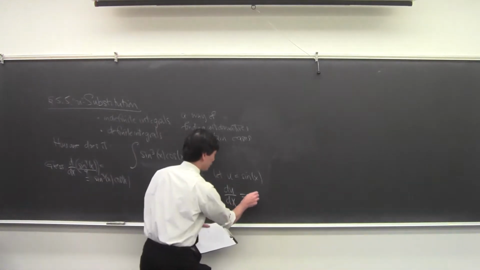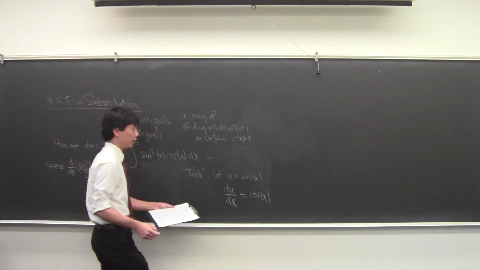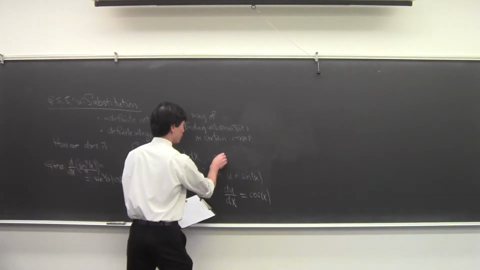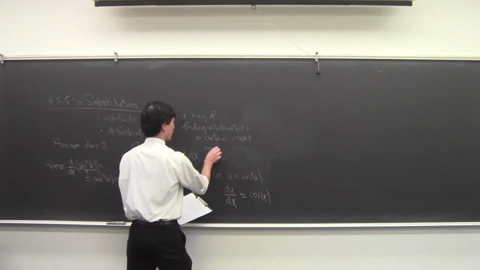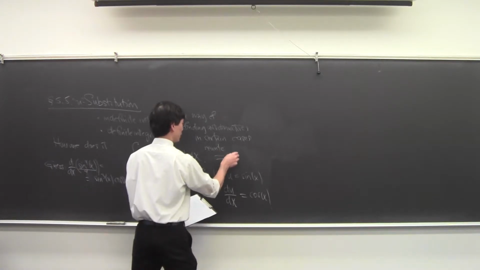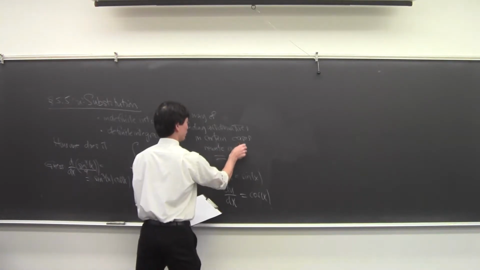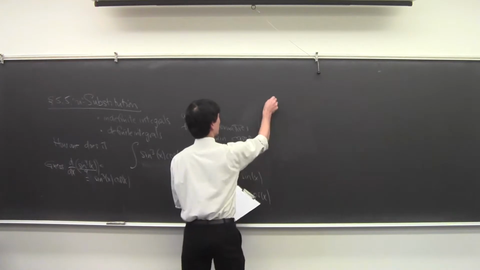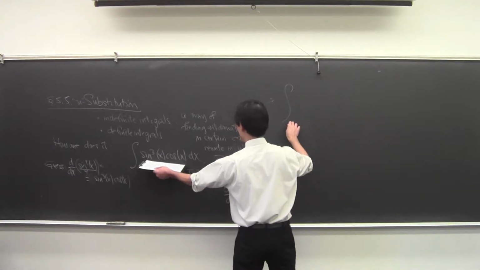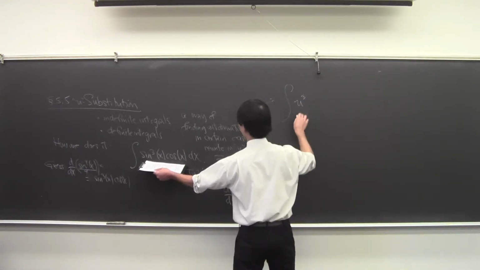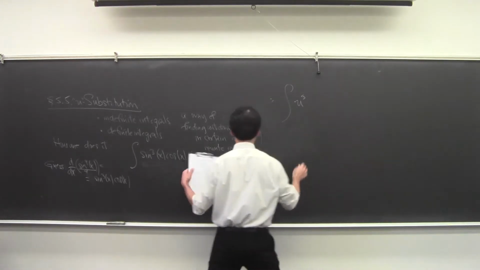You get the cosine. And so you rewrite this thing in terms of u, and you would get, well, sine cubed x, so that's u cubed, cosine x dx.